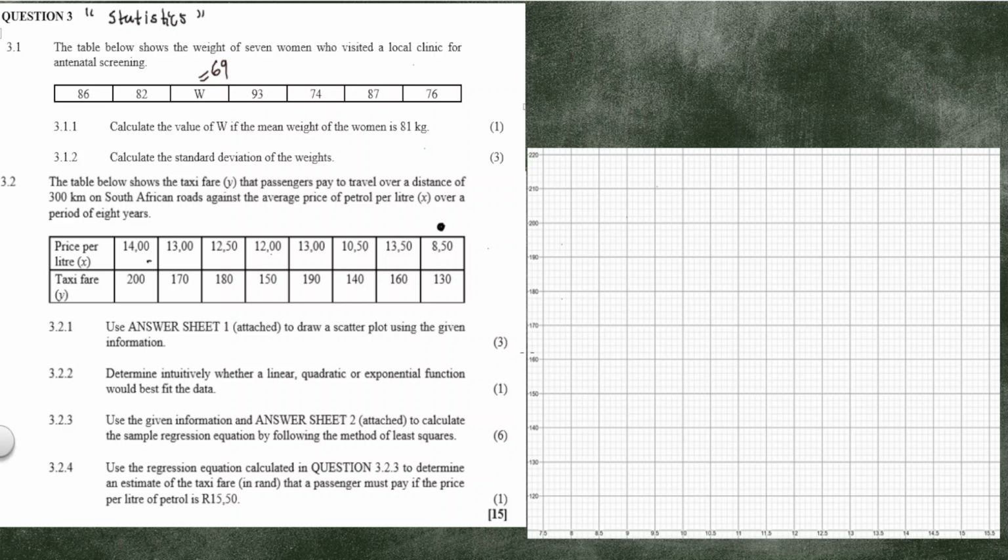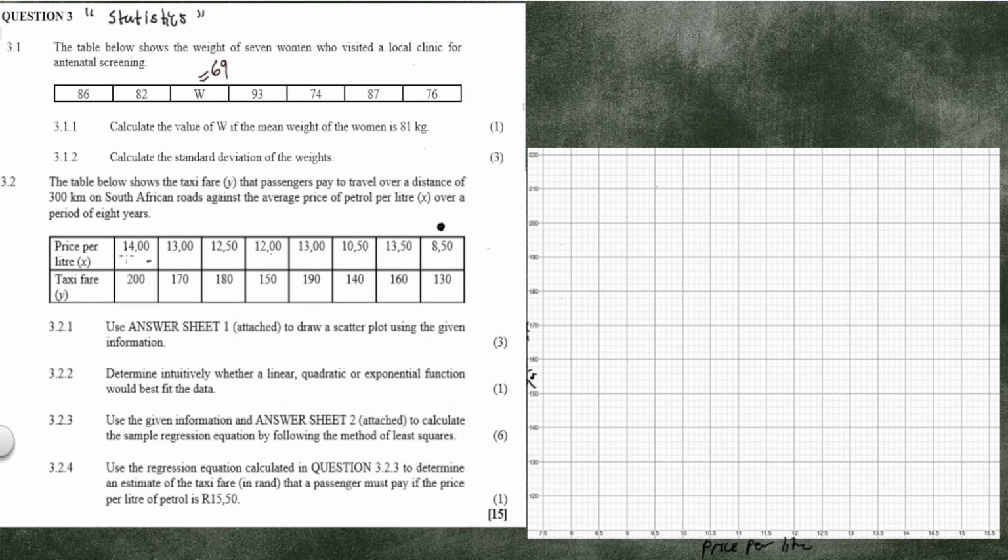Of course, you need to also label your axes. For the X axis, we have petrol price per liter, and for the Y axis we have the taxi fare.